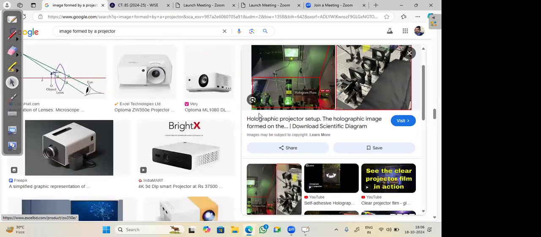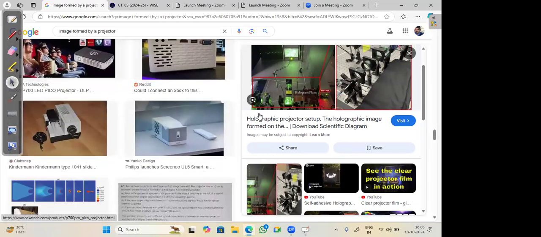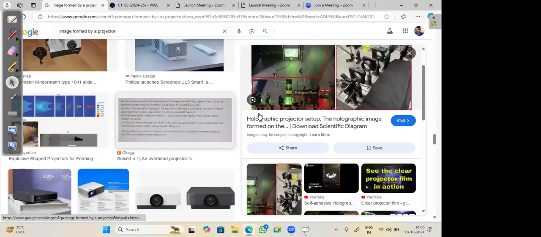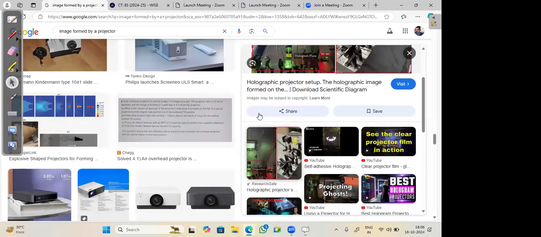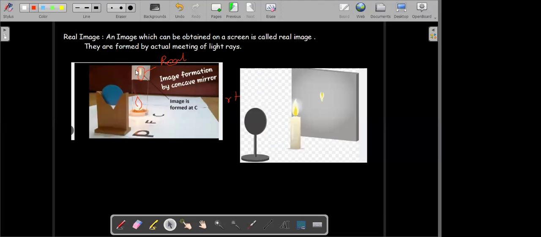Got it? So the image formed by a projector is real or virtual? Real, sir. Yes, it's a real image. Whenever you can make that image appear on a screen, it will be a real image. And if you can't make that image appear on the screen, that will be a virtual image.